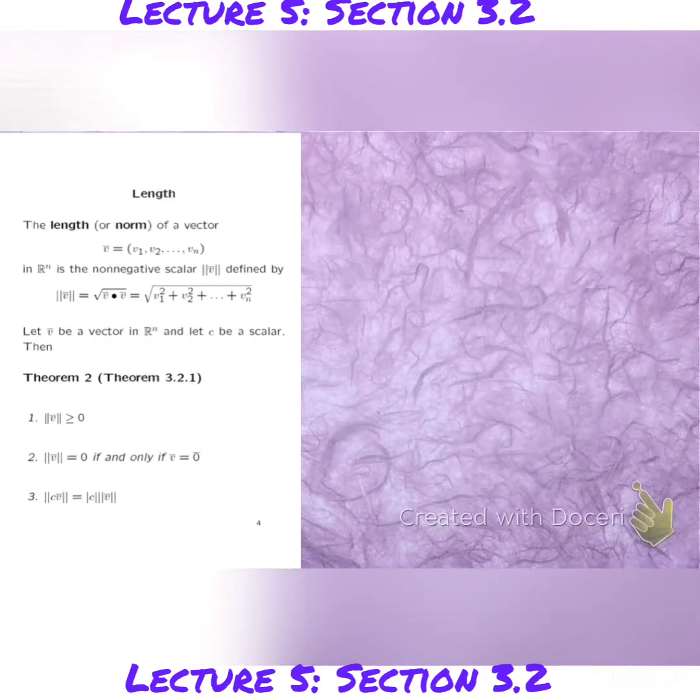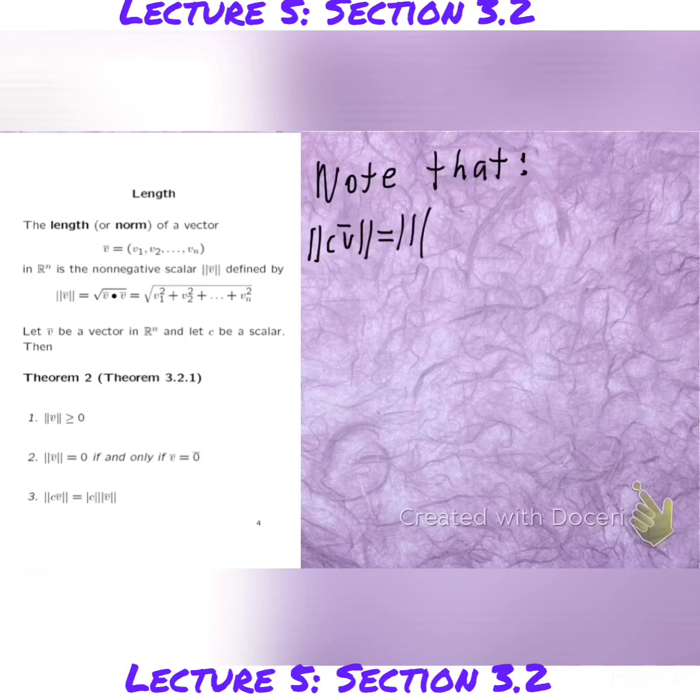Then proving theorem 2.3, that is also just a quick exercise on the norm. What we do there is you can note the following. If you take the norm of the scalar multiple of the vector v, then that is going to be the norm of this vector here, where you take the scalar and multiply each component with the scalar.